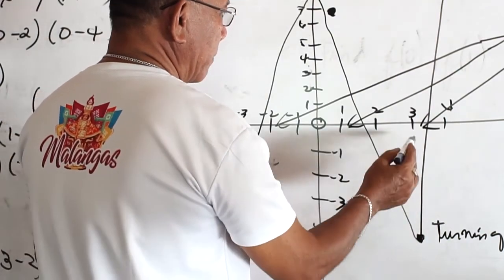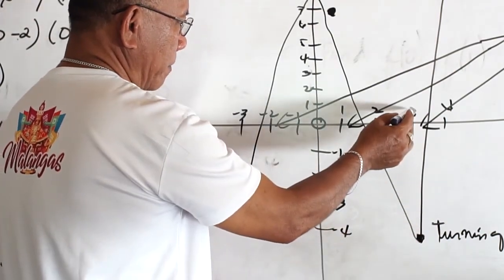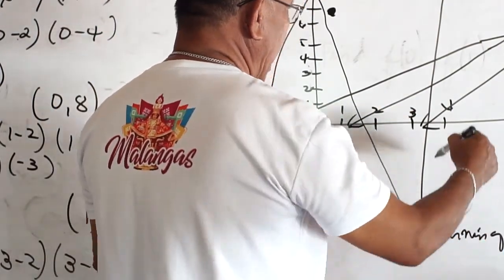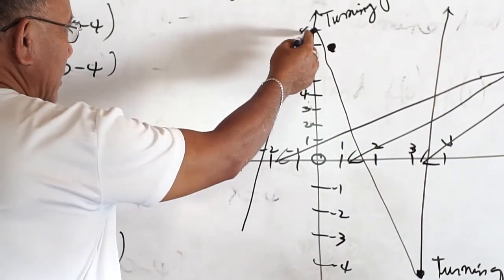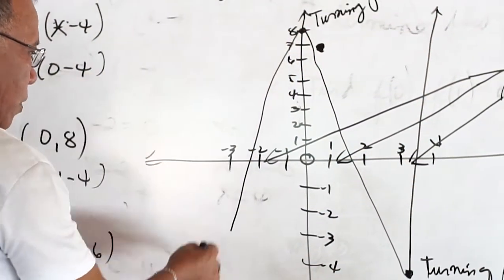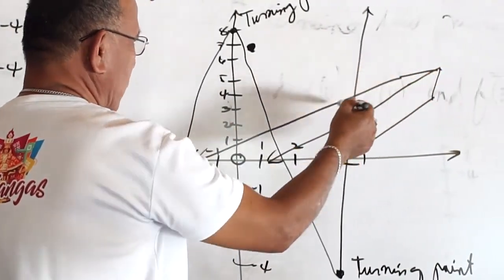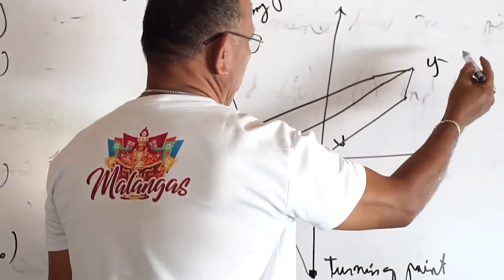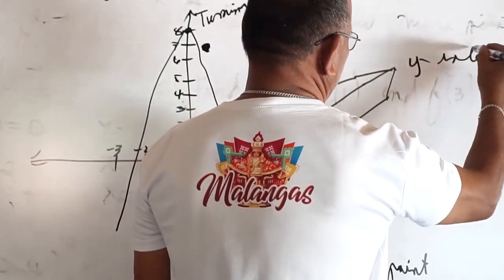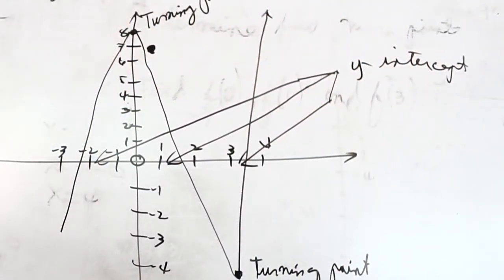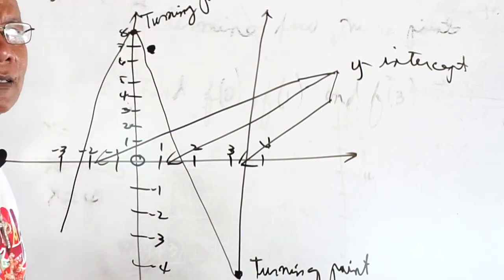So this is now the turning point going up, and this one is the turning point going down. To interpret this line, this is called the y-intercept. So the form of the graph of the polynomial is a curved line.